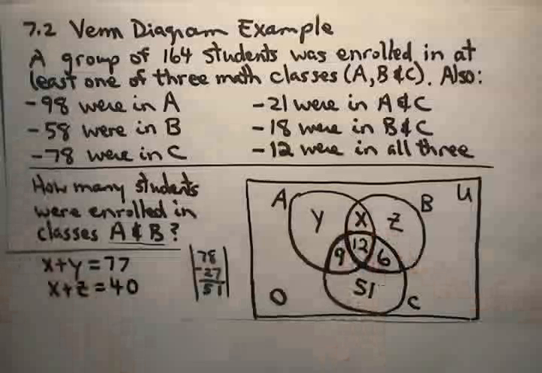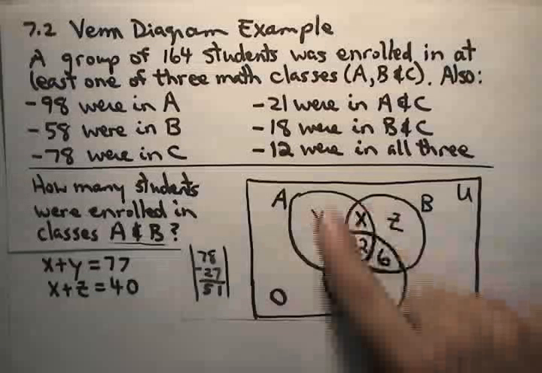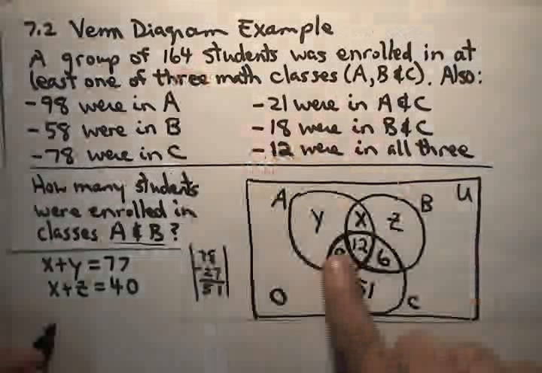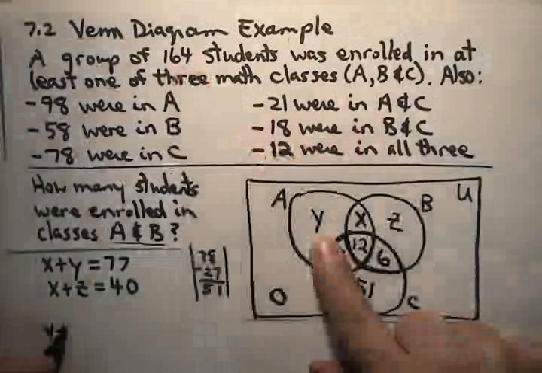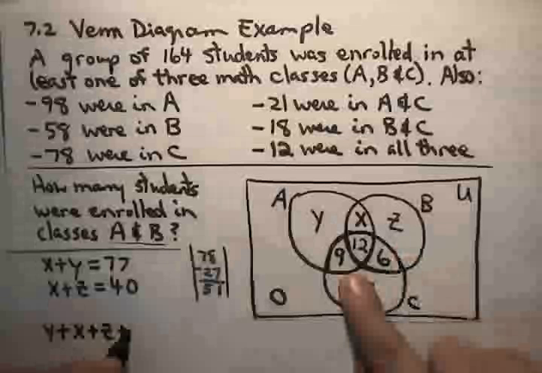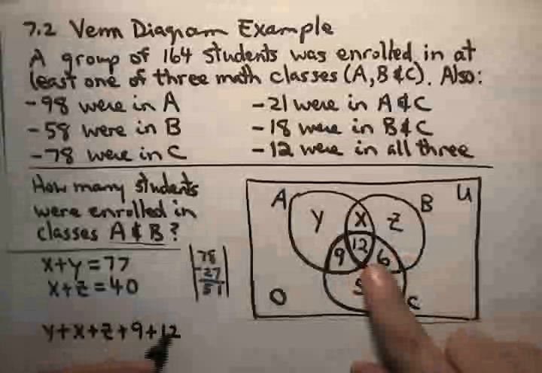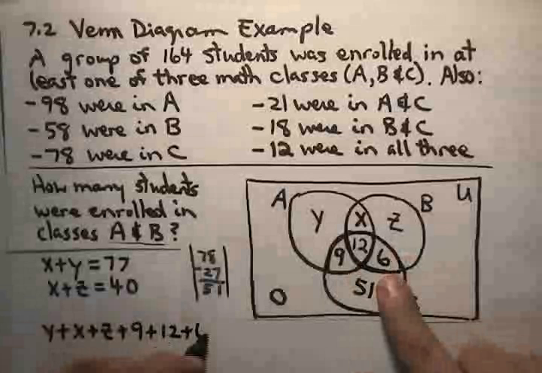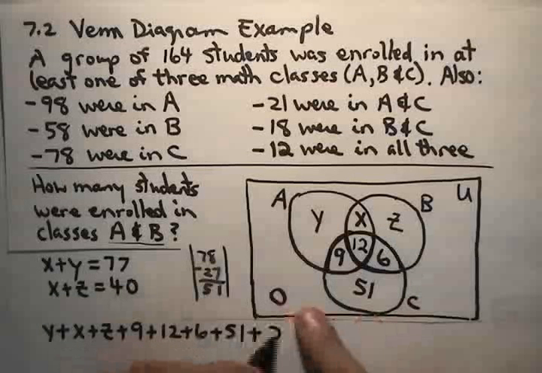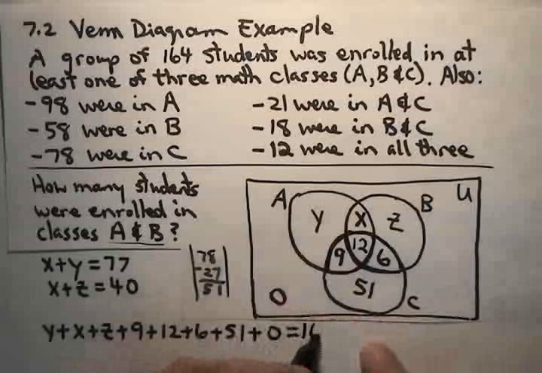And the last thing I know is that if you add absolutely every number up, you're supposed to get 164. So Y plus X plus Z plus 9 plus 12 plus 6 plus 51, and if you want, plus 0, is going to come to 164.